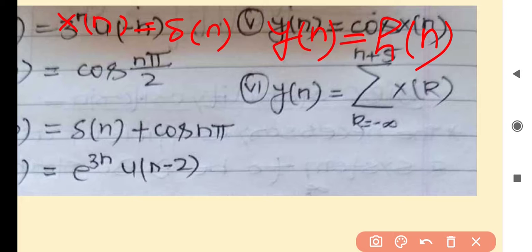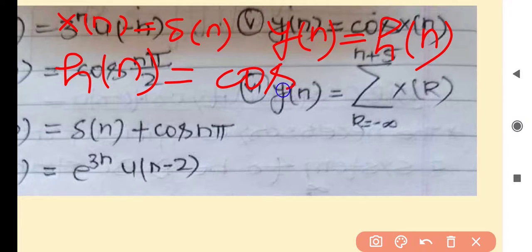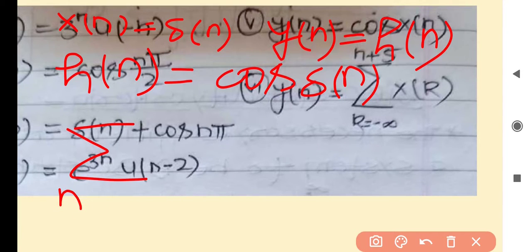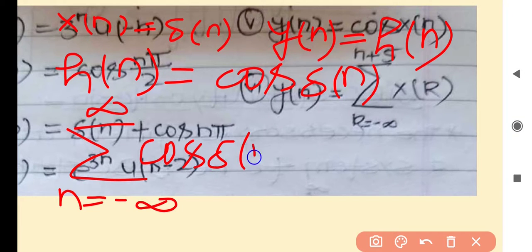It means that h[n] is now equal to cos of delta[n]. So we have to sum up this function, the mod of cos of delta[n], for the values of n from minus infinite to plus infinite.